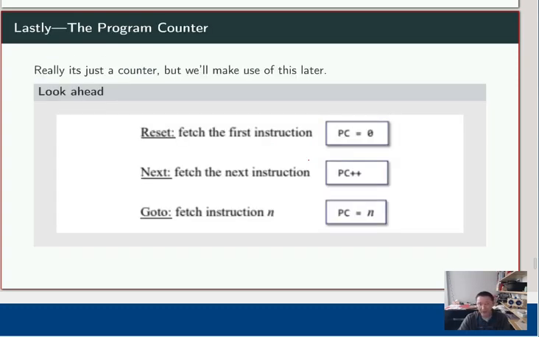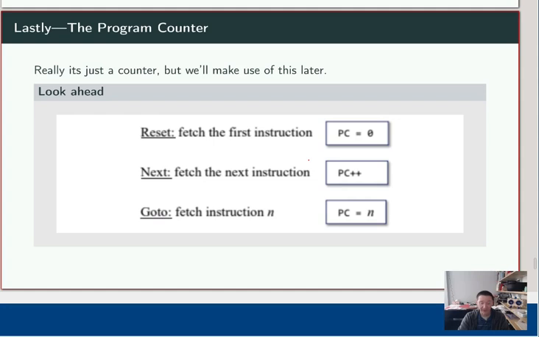The only really other confusing thing is we're going to create a specific register called the program counter. We'll talk more about that when we get into the CPU. Just know it's a slightly particular register because it has a couple different options. It's going to work just like a counter, really. So what we want to do, we want to be able to reset the program counter. And again, just think of it as a register that's essentially working as a counter.